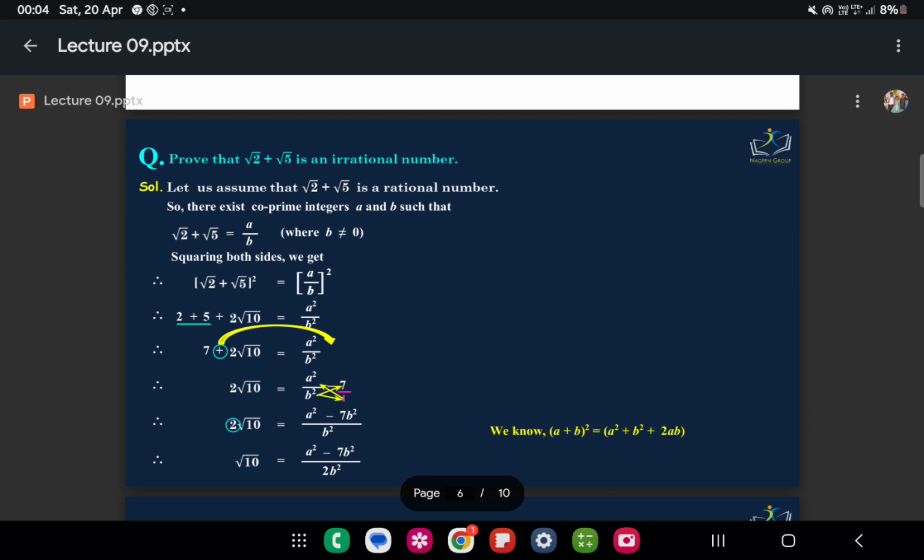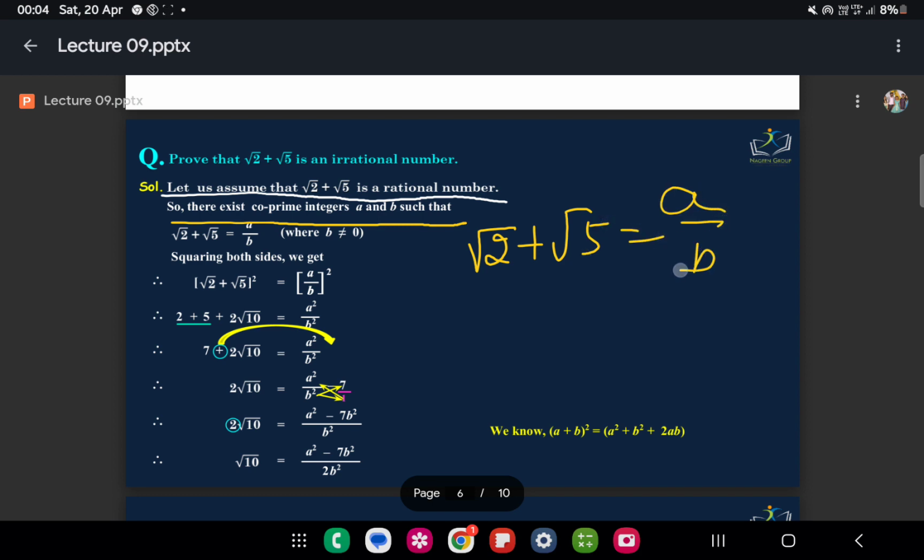Then the first step is, let us assume that root 2 plus root 5 is a rational number. That is the first step we have to take. Root 2 plus root 5 is a rational number, so there are co-prime integers a and b such that root 2 plus root 5 is equal to a by b.